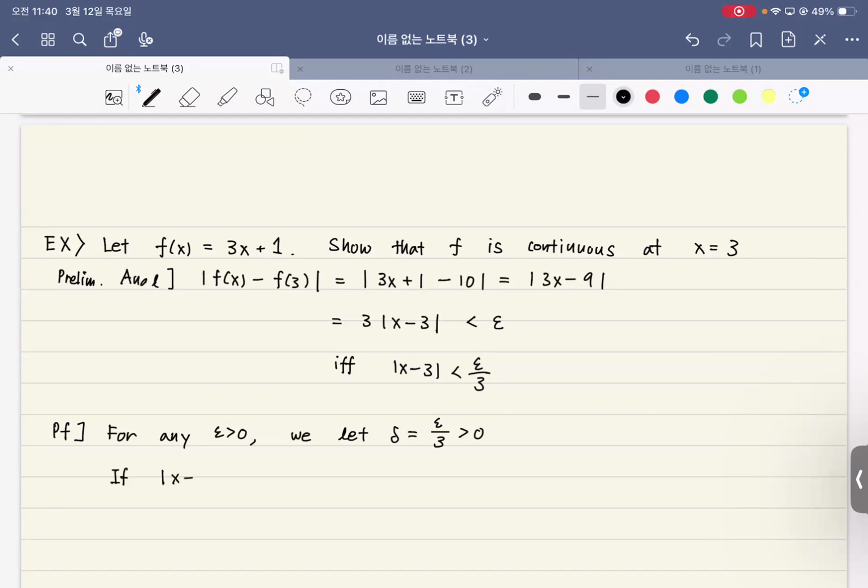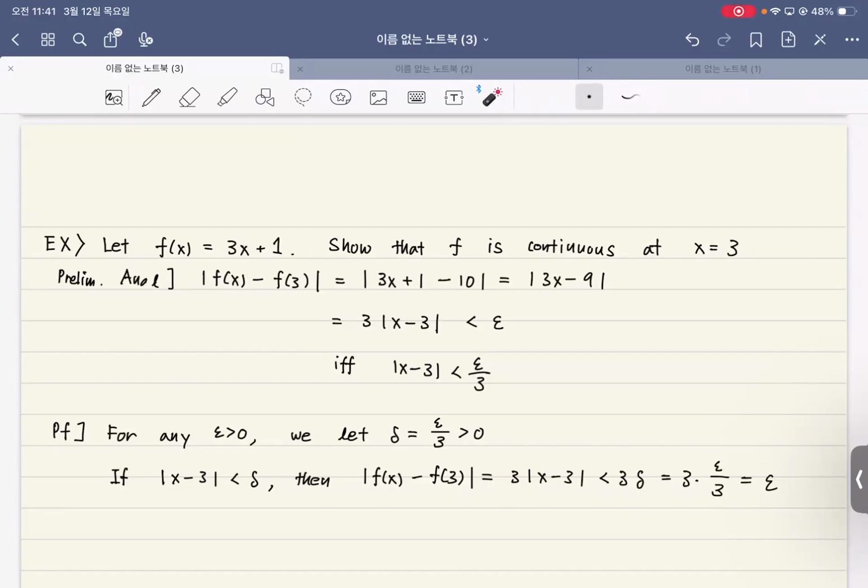So if the absolute value of x minus 3 is less than delta, then f of x minus f of 3, which turns out to be the same as 3 times the absolute value of x minus 3. This 3 just carries over, and x minus 3 is known to be less than delta. But this is 3 times epsilon over 3, which is just epsilon.